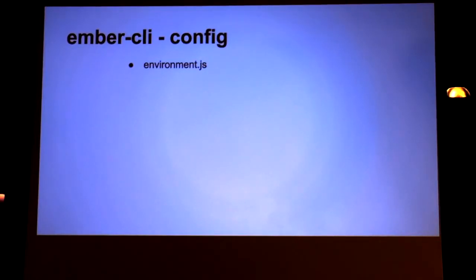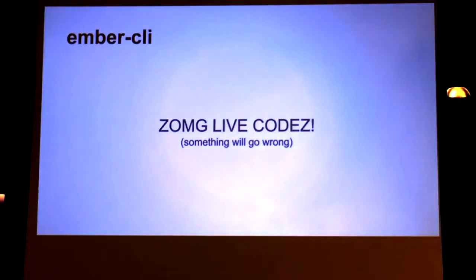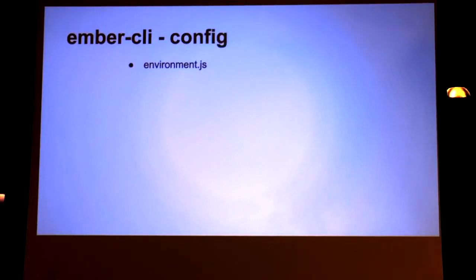But for right now, it's development and production. So if you have, let's say, certain values for configuration settings that need to be pulled into production specifically, then you can do that inside this file.